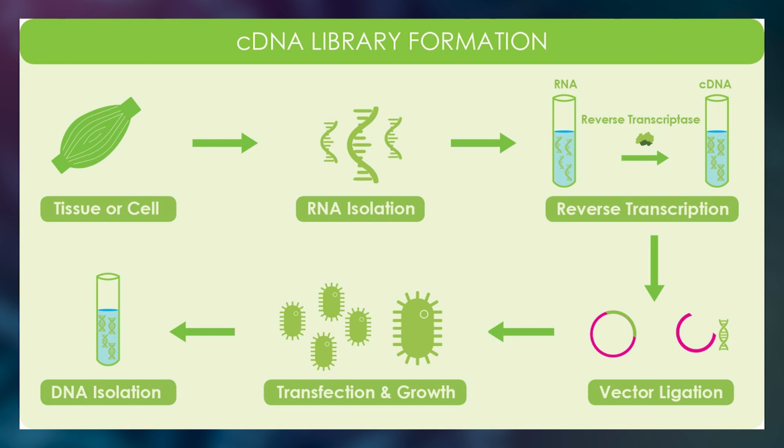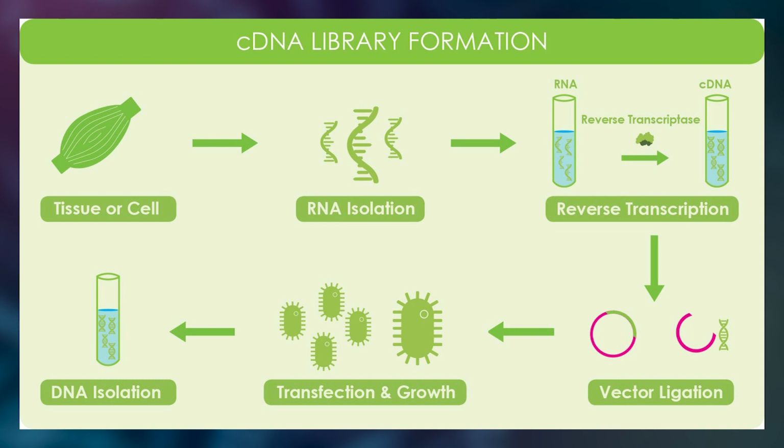Screening. Depending on the library's purpose, researchers may use various methods to screen for specific DNA sequences or genes of interest. For example, probe hybridization, polymerase chain reaction or DNA sequencing can be used to identify clones containing the desired DNA fragments.